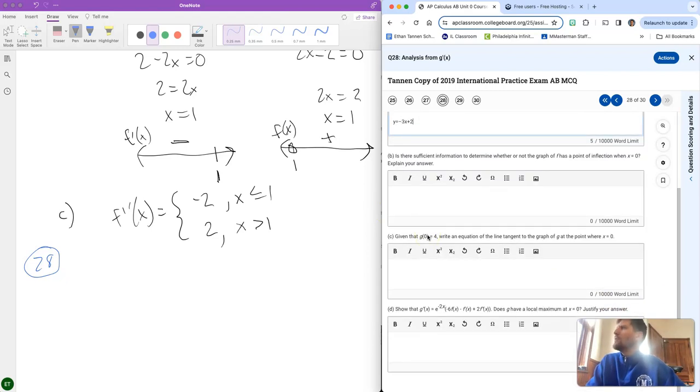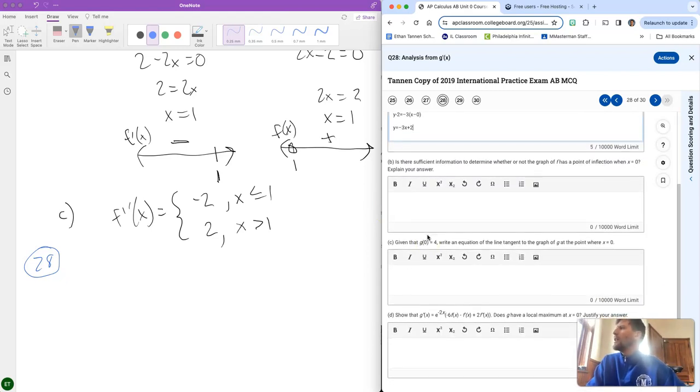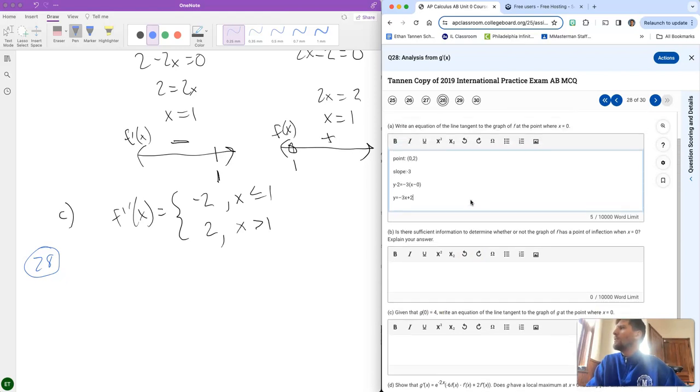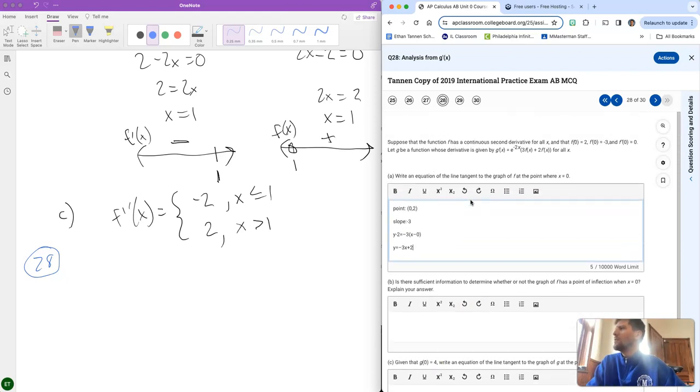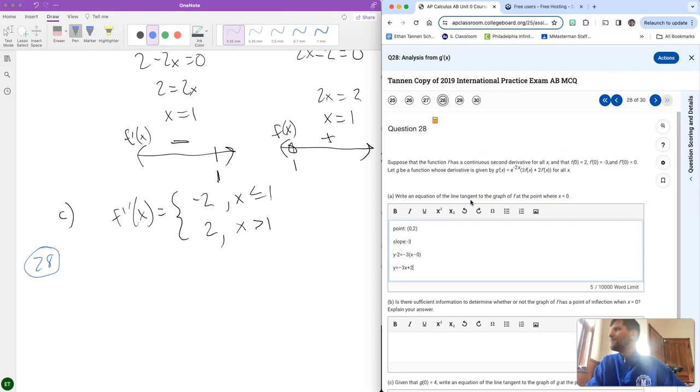Is there sufficient information to determine whether or not the graph of f has a point of inflection when x equals 0? Explain your answer. So let's think about this. Well, we know f double prime of 0 is 0, but are they telling us anything else about f double prime?